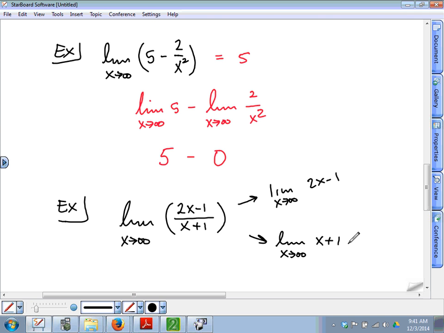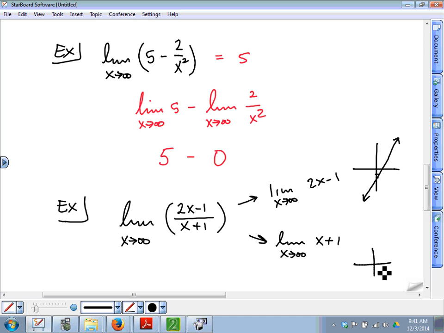But what's the problem here? The graph of 2x minus 1 is just a straight line. As x is approaching infinity, what's y approaching? Infinity. So the limit of this is infinity.